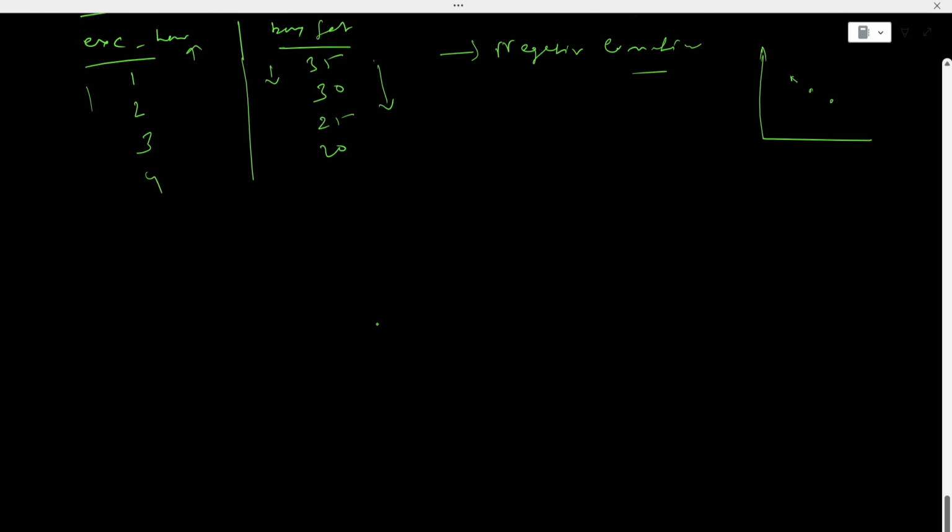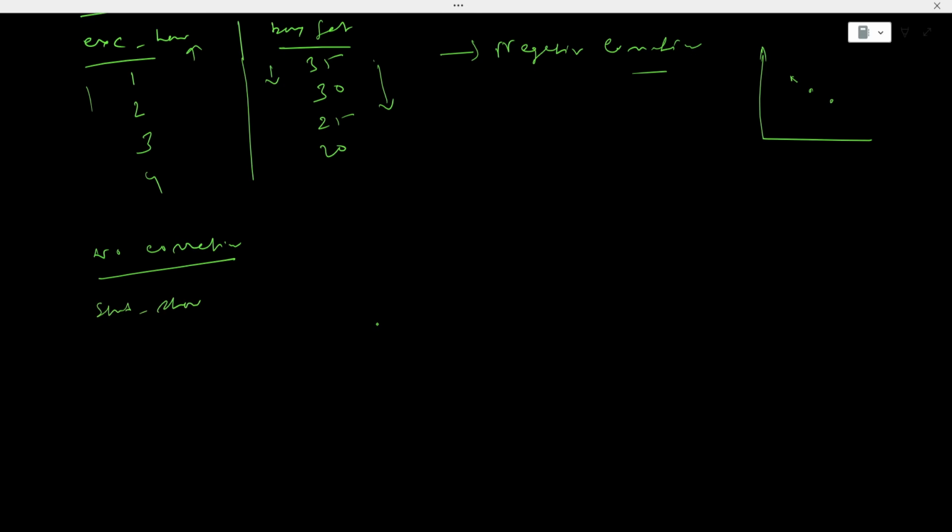And the next one is no correlation. For example, I have x as student shoe size and another as student marks. Is there any relationship between student shoe size and student marks?